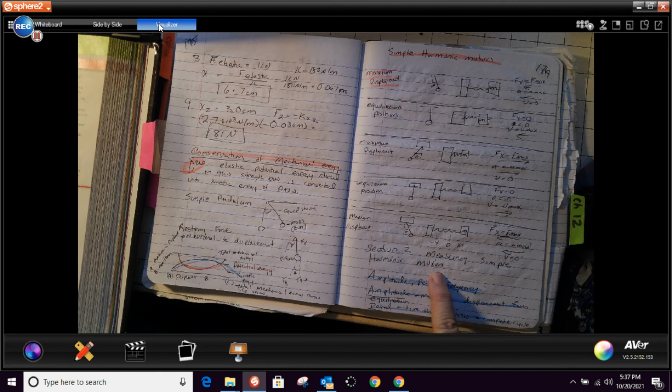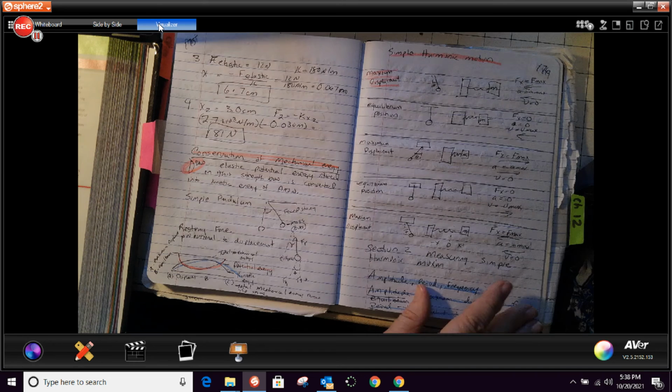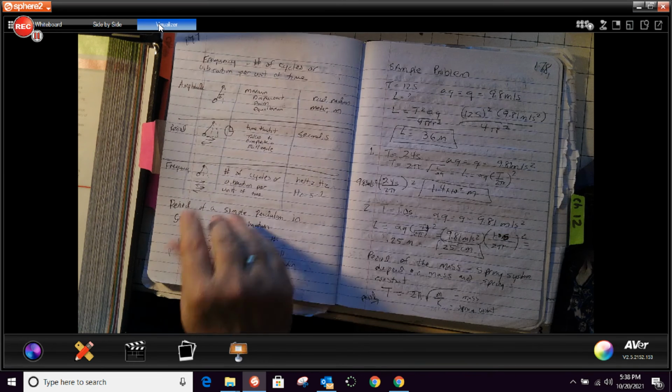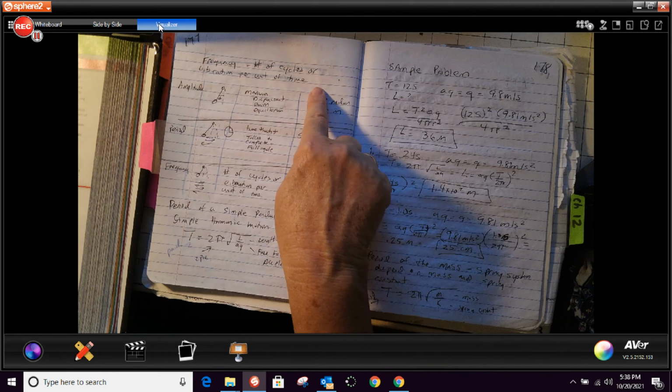There are some keywords that you would need to know. Amplitude, period, and frequency. Amplitude is the maximum displacement from equilibrium. A period is the time that it takes to complete a complete cycle. And frequency is the number of cycles or vibrations per unit of time.